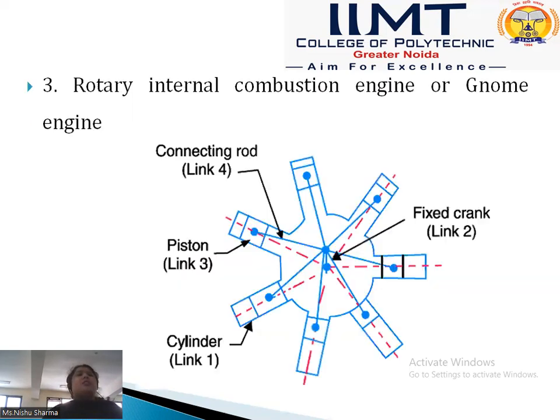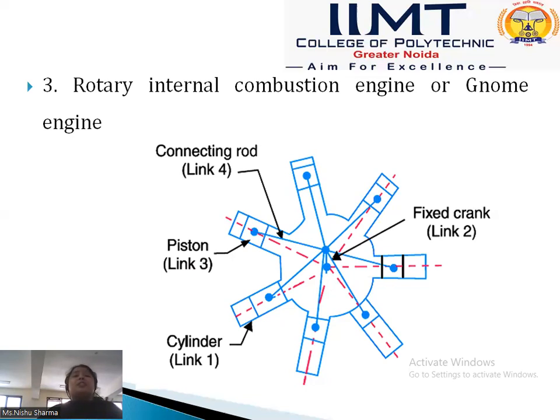Now the third inversion, the rotary internal combustion engine or gnome engine. In this mechanism the fixed link is the crank, link 2. In an inversion, it is very important to know which link is fixed. When the crank is fixed, the motion starts with the connecting rod, also called the driving crank, link 4.